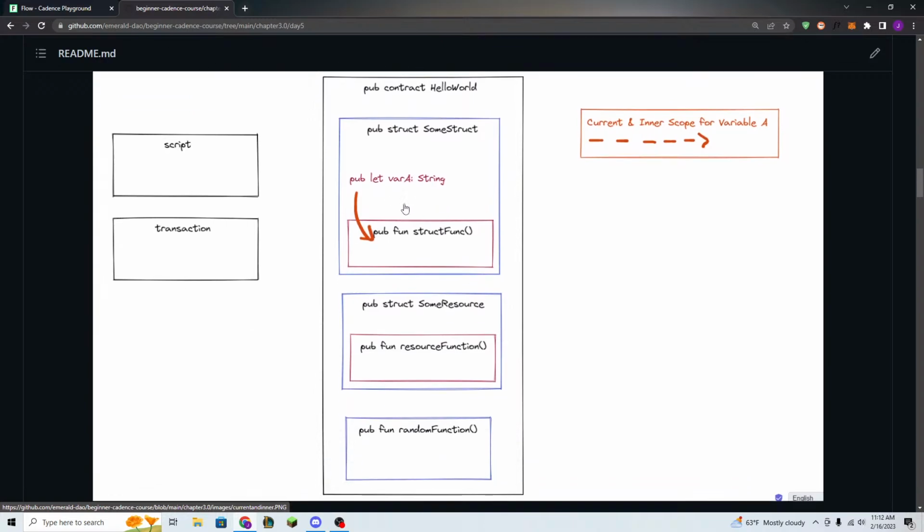If we think of the contract as a box, the struct as a box, and functions as boxes, when we say current and inner, that means that variable a can be written at the current level, which is everywhere inside the struct and everywhere within. So basically, it can be written inside the function, inside the struct. We can't go outside of the box that it's defined in, because that's not what's defined in current and inner scope.